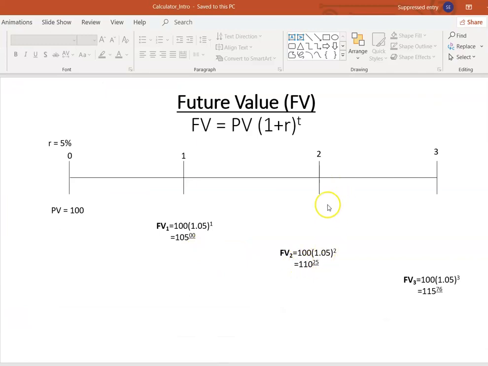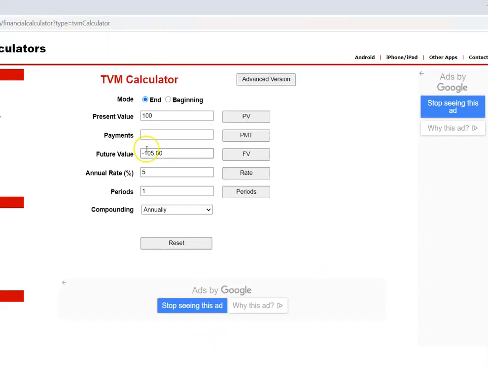Now we want to see if we increase the number of periods, will the future value increase? Let's verify it is true. We change the periods; we reset this whole setup. The present value will be $100. The discount rate will be 5. Periods will be 2. It is compounding annually.